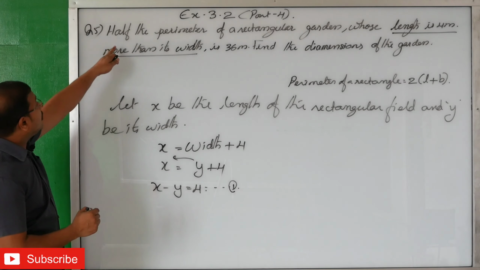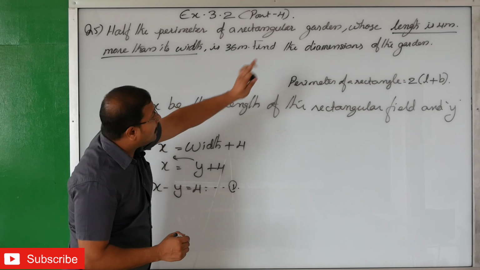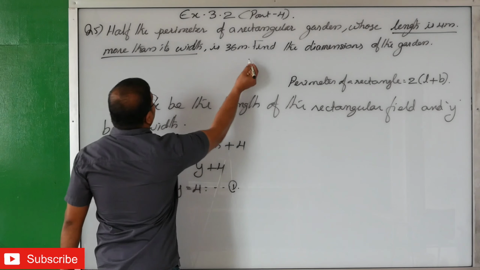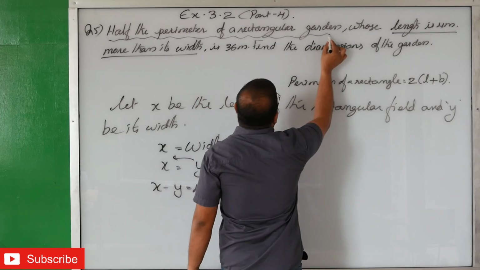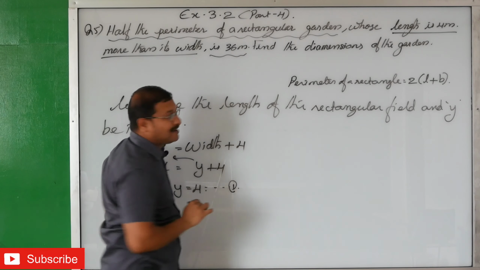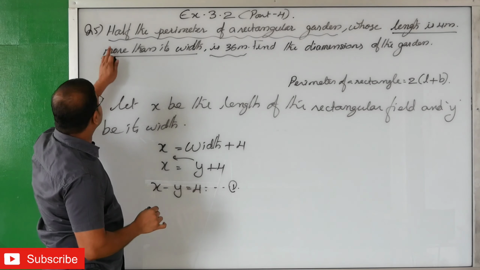After that, check the next one. Half the perimeter of the rectangular garden is 36 meter. This is the second part.